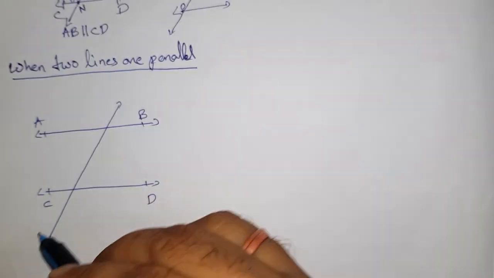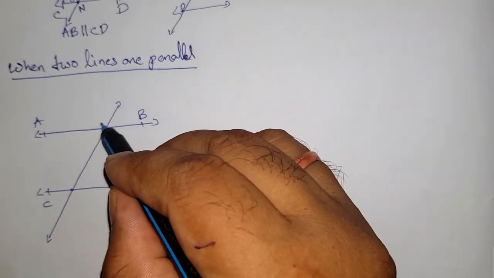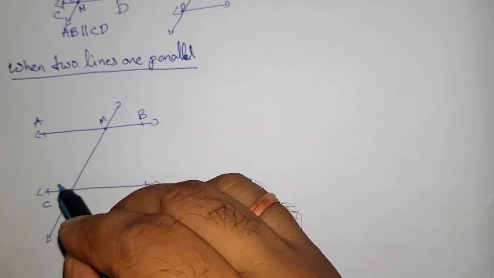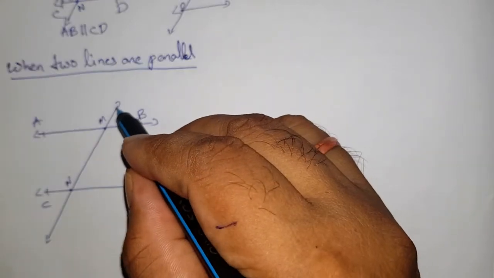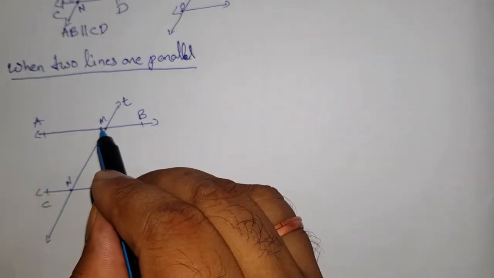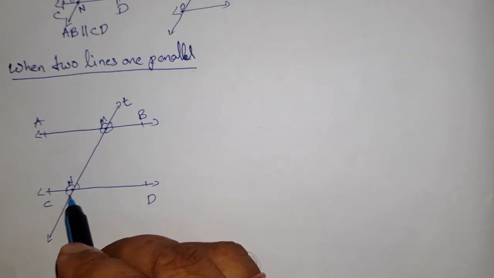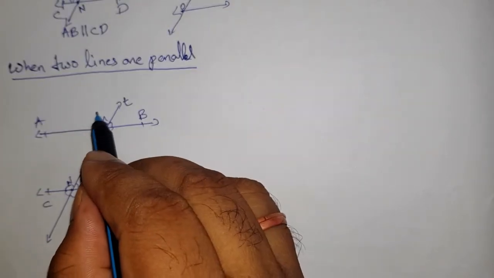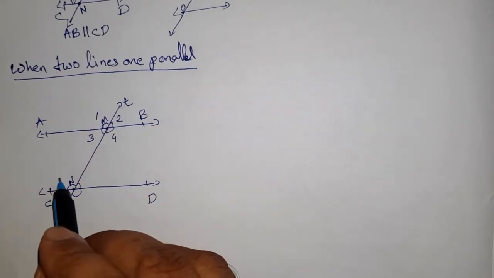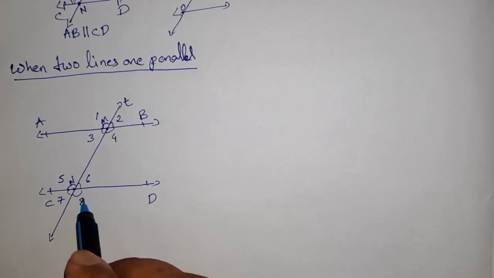Then there is one more line that intersects AB and CD at 2 points. We can name it MN. So to make it a little bit simple, we'll make some angles. We'll name them 1, 2, 3, 4, 5, 6, 7 and 8.